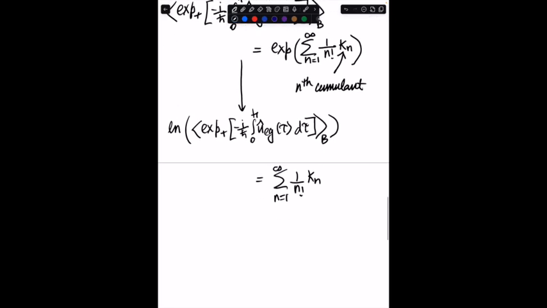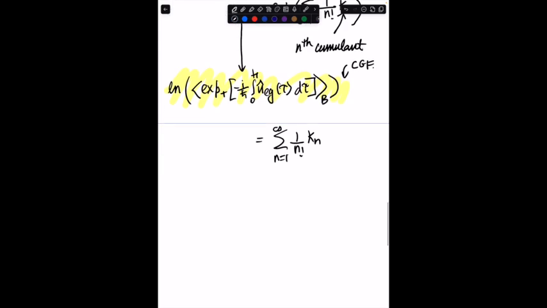It's quite obvious that the ln of the moment generating function is generating a linear combination of cumulants, as you can see on the right hand side. This in statistics is known as your cumulant generating function. Of course, people define it more rigorously in statistics, but for our understanding, this is good enough. So you can generate your cumulants for this positive time ordered exponential of your energy gap operator.